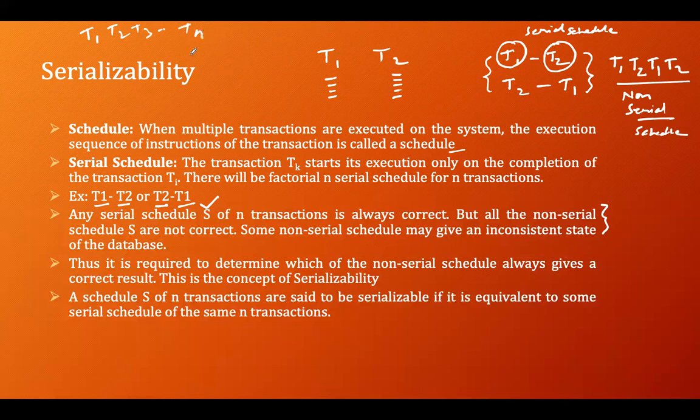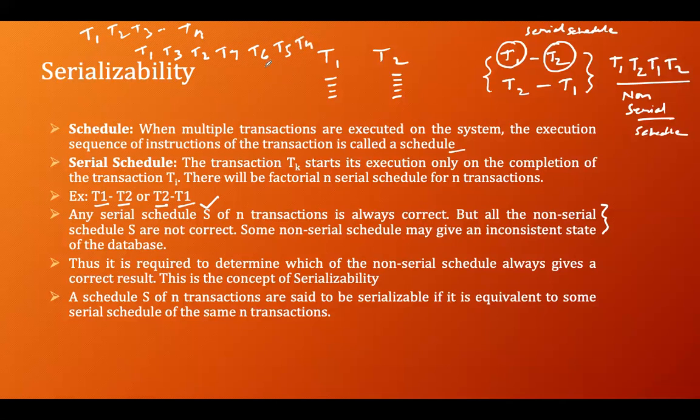when I am adopting serial scheduling, it means any of the transactions, let's say T1 is executing first, then T3, then T2, then T7, then T6, then T5, then T4 is executing.